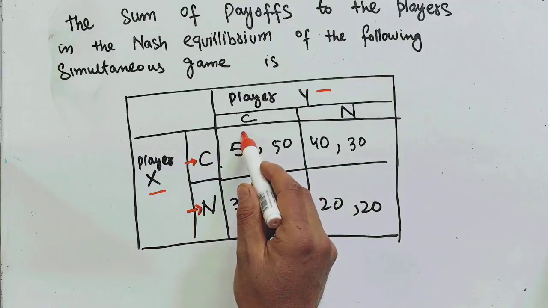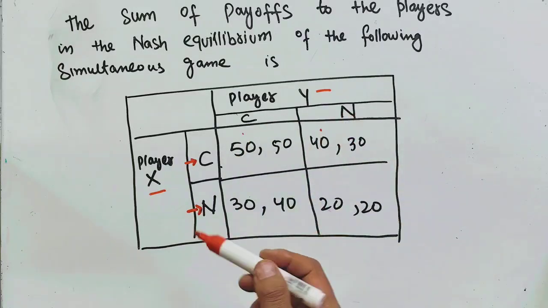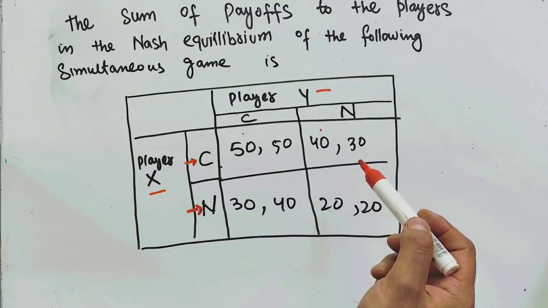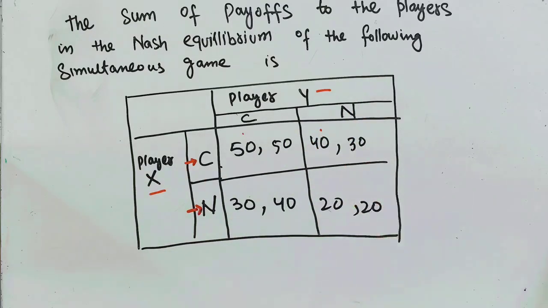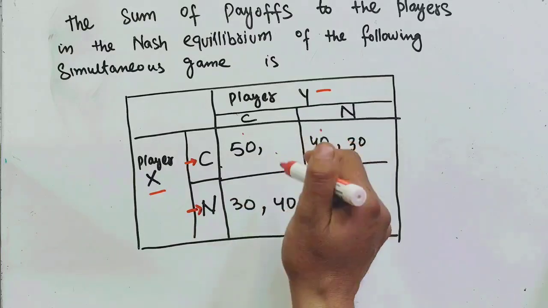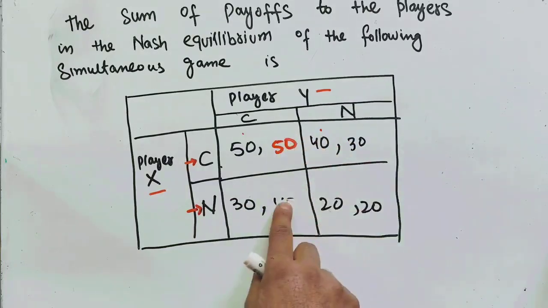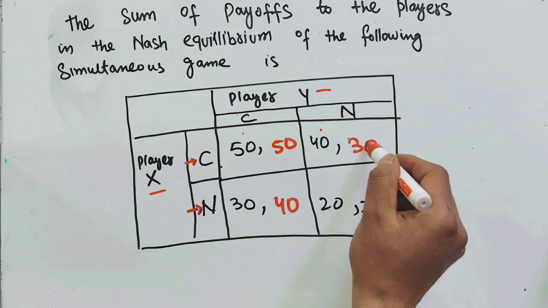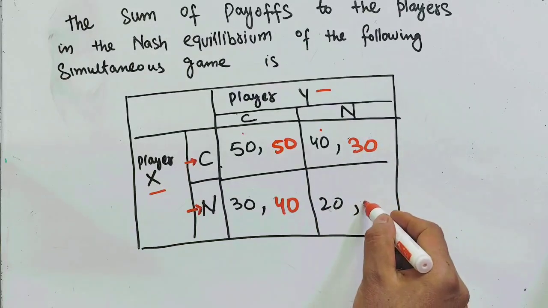The first element in each cell denotes the payoff for player X, and the second element in each cell denotes the payoff for player Y. Or let me write it here with another color. So we have here 40, here we have 30, here we have 20.